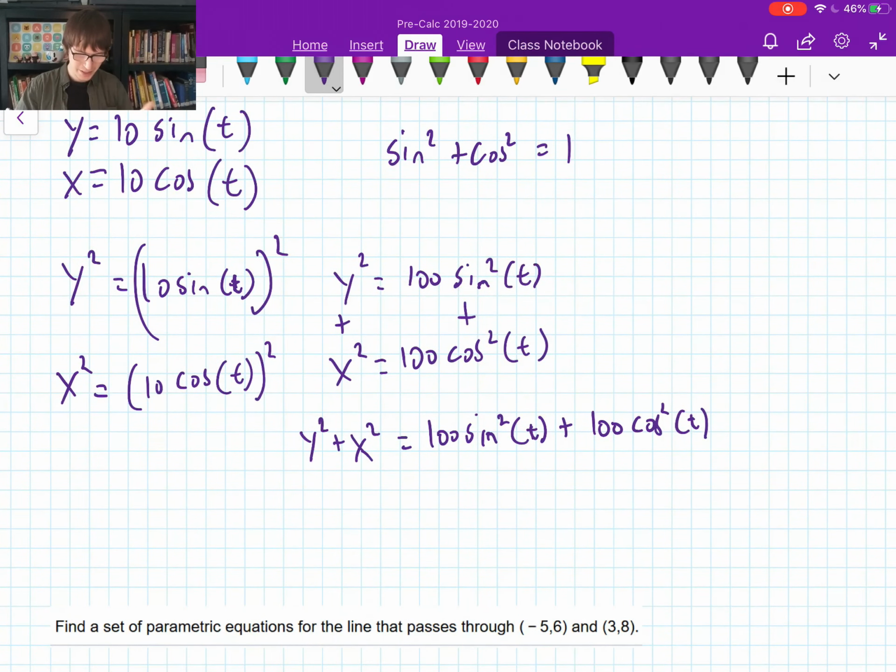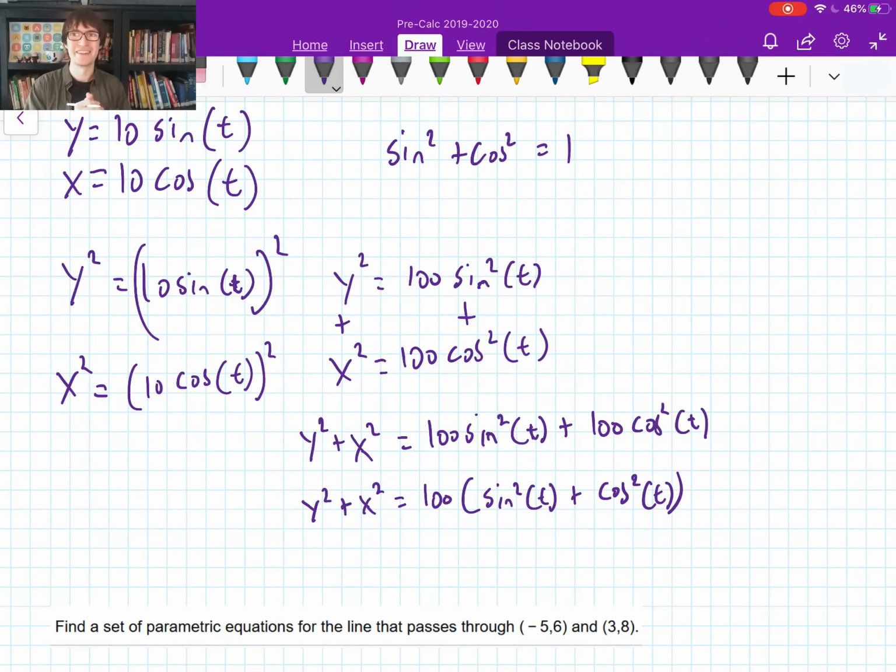So y squared plus x squared equals 100 times sine squared of t plus cosine squared of t. And boom, we've done it. We've got sine squared plus cosine squared, so now we can eliminate them. This just reduces down to 1, so 100 times 1. Now we have y squared plus x squared equals 100.